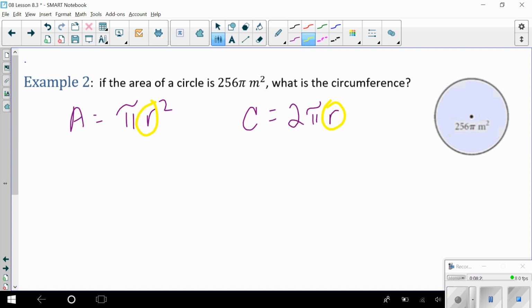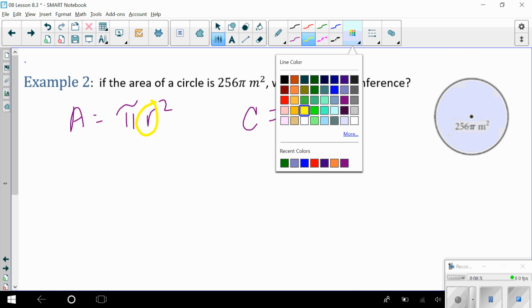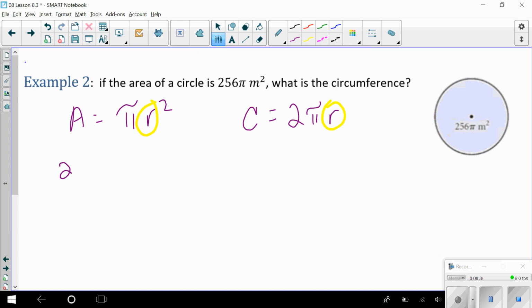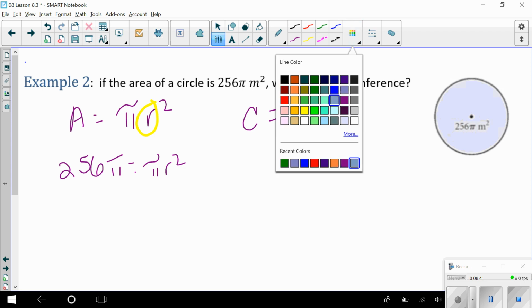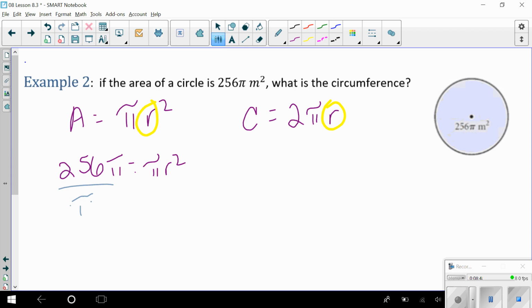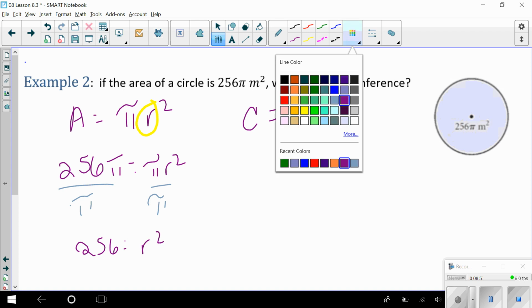So if the area of the circle is 256 pi meters squared, and that's equal to pi r squared, and divide both sides by pi, and we get 256 equals r squared.